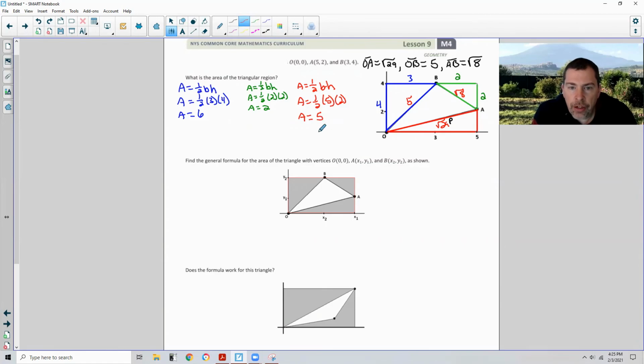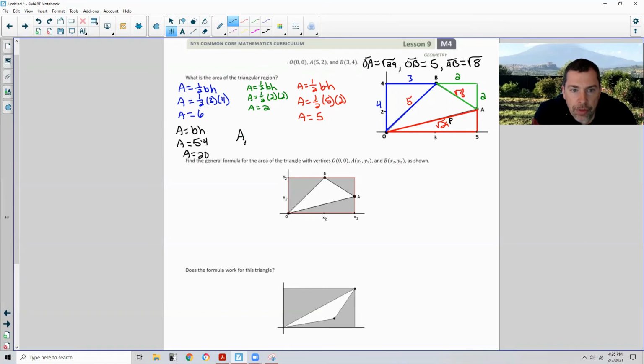The areas of the 3 triangles need to be subtracted from the area of the rectangle. The area of the rectangle is simply length times width, 5 times 4, so the area of the rectangle is 20.